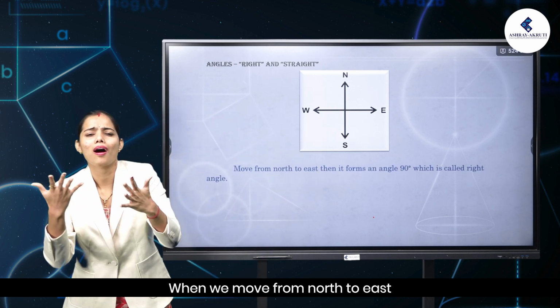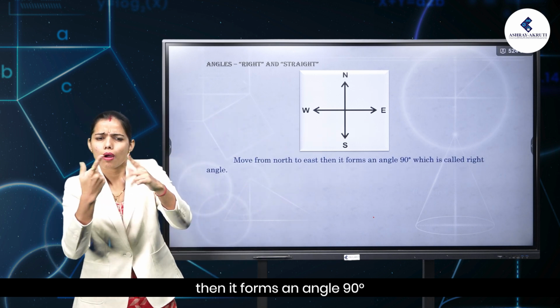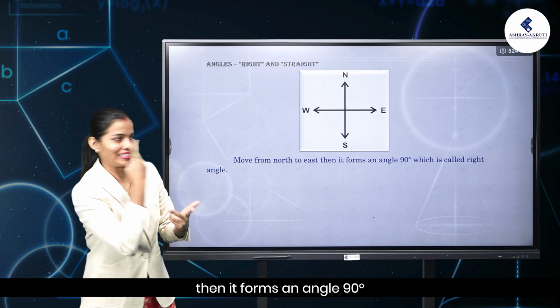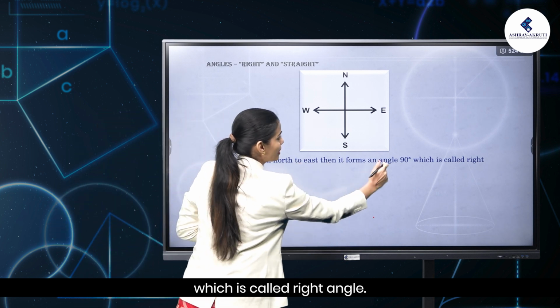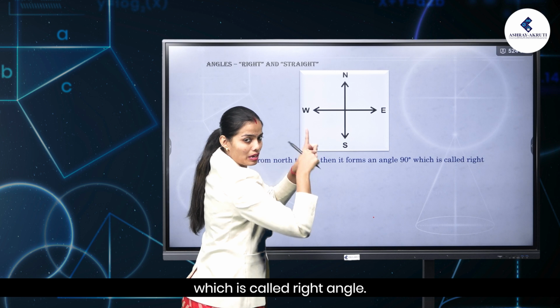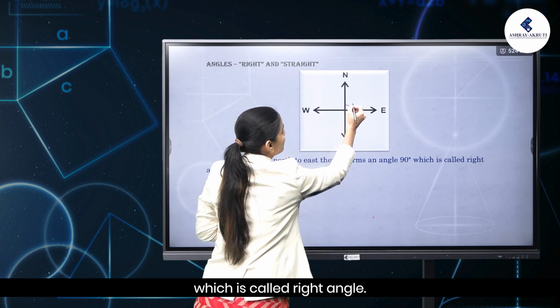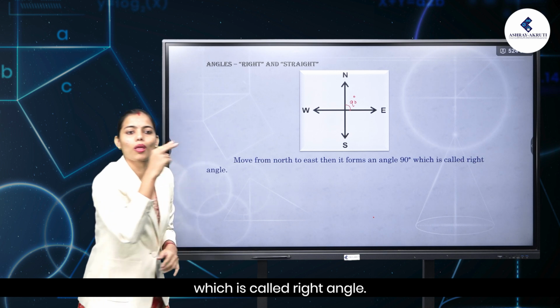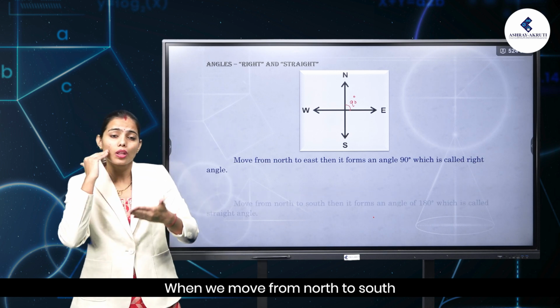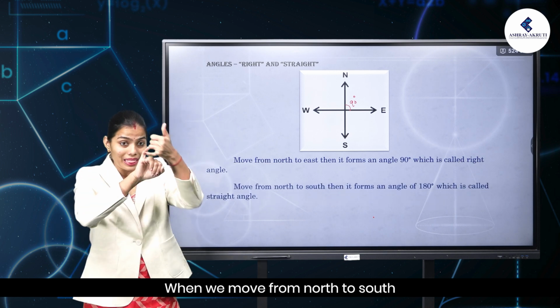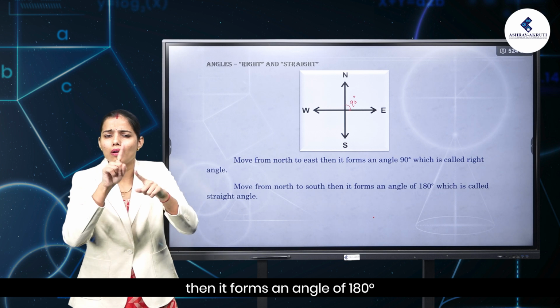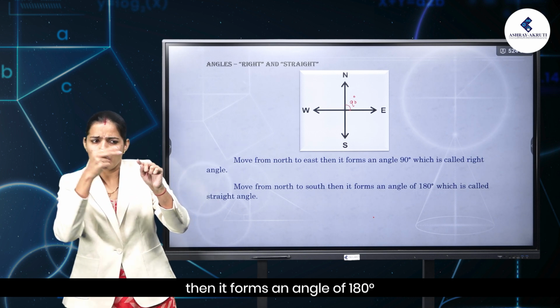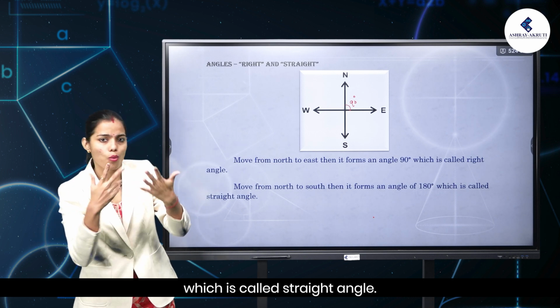When we move from north to east, it forms an angle of 90 degrees, which is called a right angle. When we move from north to south, it forms an angle of 180 degrees, which is called a straight angle.